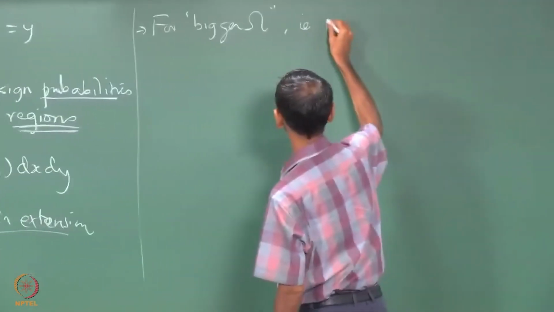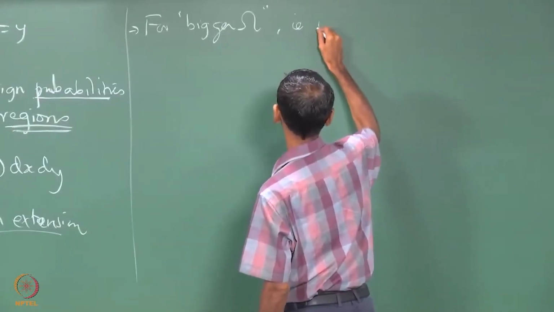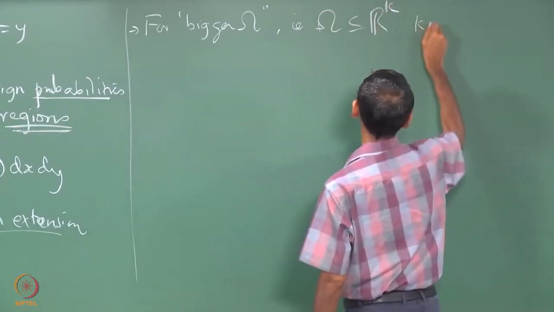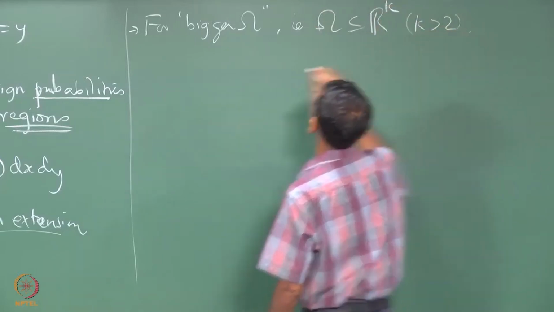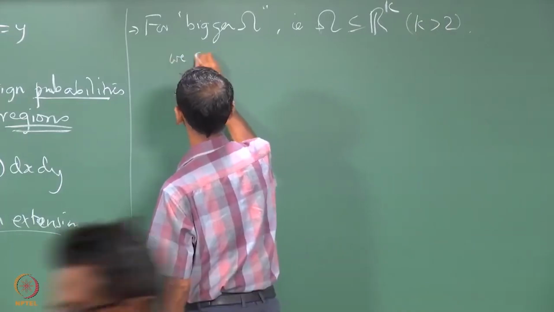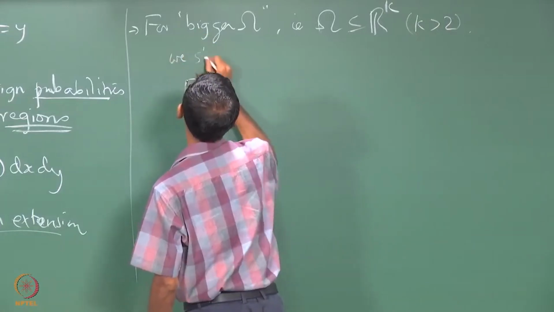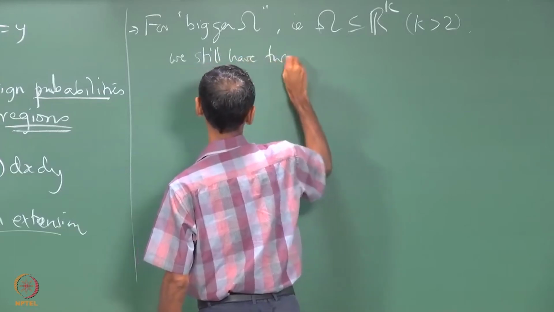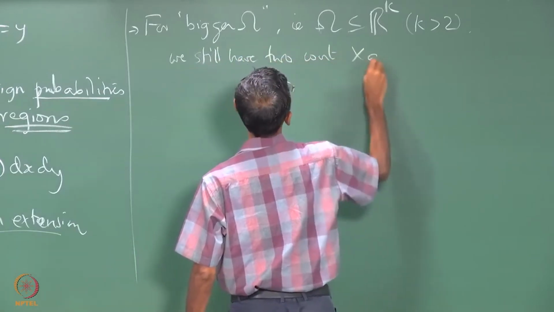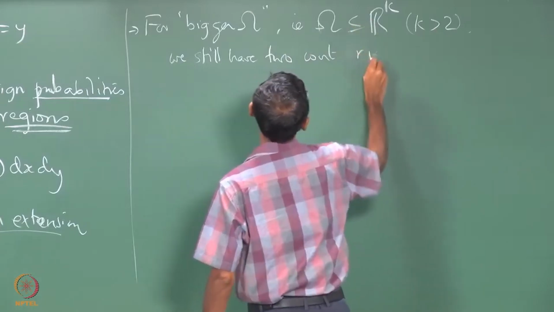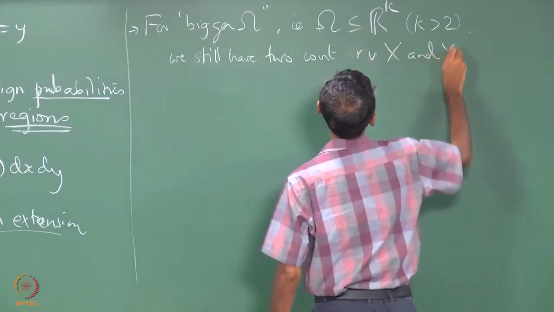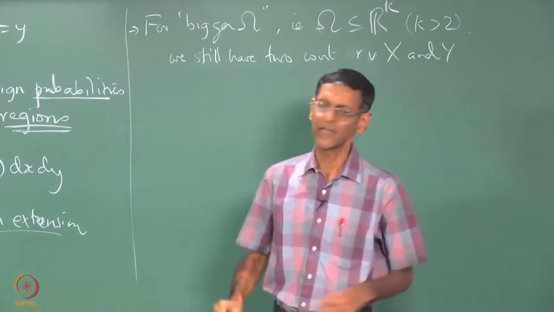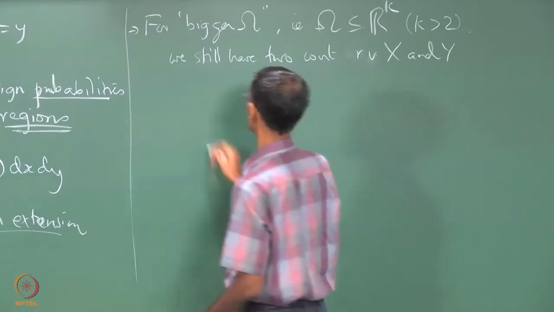So for bigger omega, that is, omega a subset of some R power k, k more than 2, we can still have two continuous random variables X and Y. The only thing is you will have to qualify the subset in which they take values.